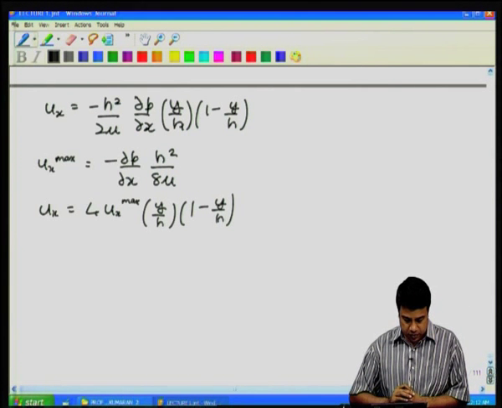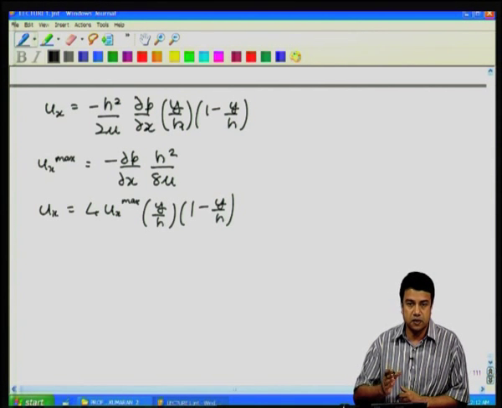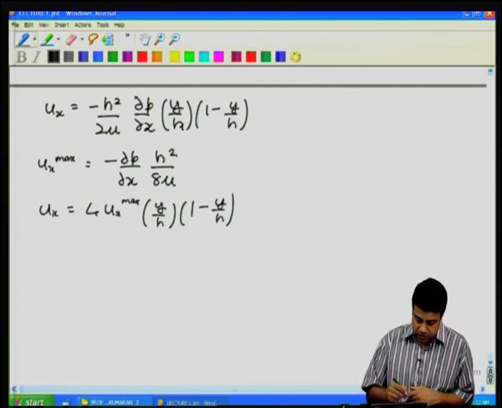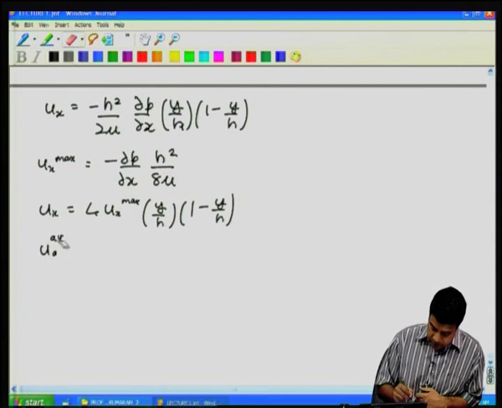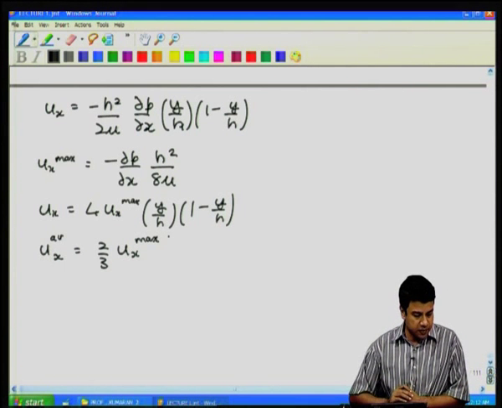And you can easily calculate the average velocity by integrating across the cross section and dividing by total h, and you will find that u average in the x direction is equal to 2 by 3 of the maximum velocity.